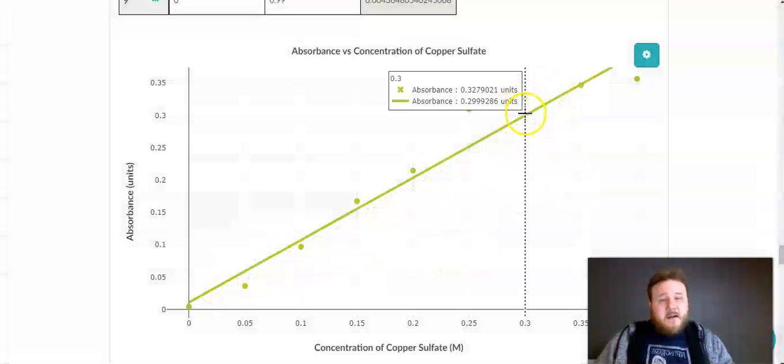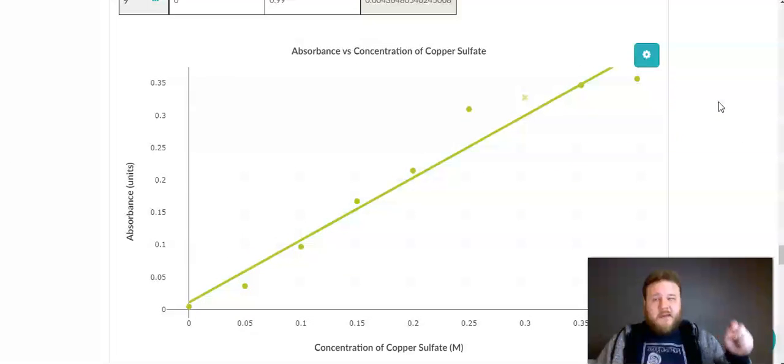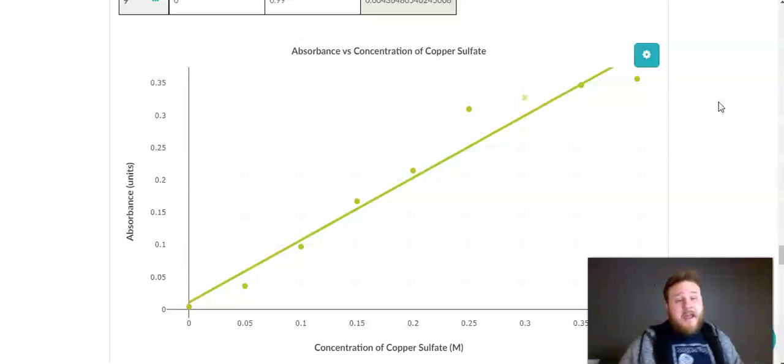And look at this X right here. Do you see how there's an X right here? That means that the computer determined that particular point to be an outlier. It basically said, you know what, that point doesn't really match the line at all, so we're going to disregard that point. It is okay to have an outlier.